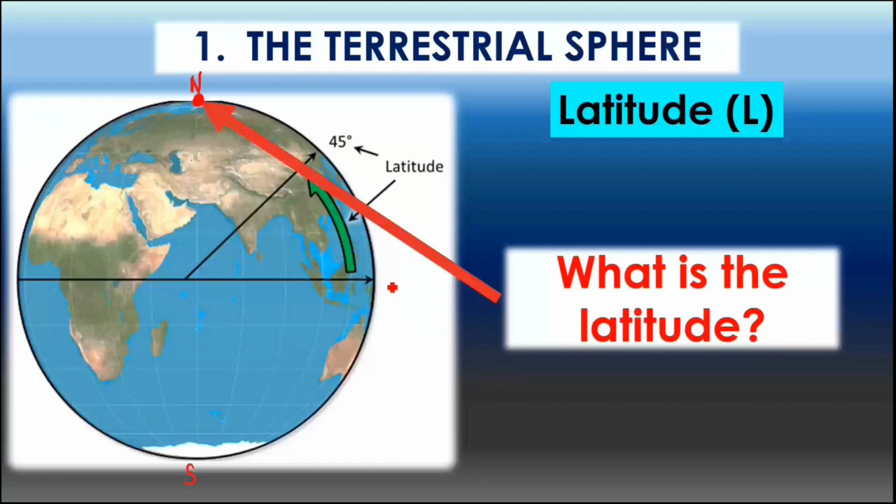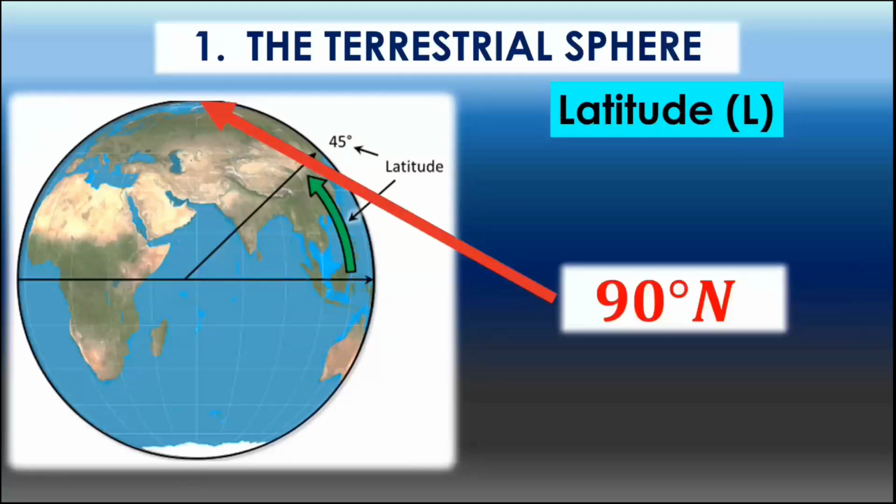You determine the angle from the equator, going to the north, stopping at this point. Measuring it, of course, that measures 90 degrees. And then you need to put the north.